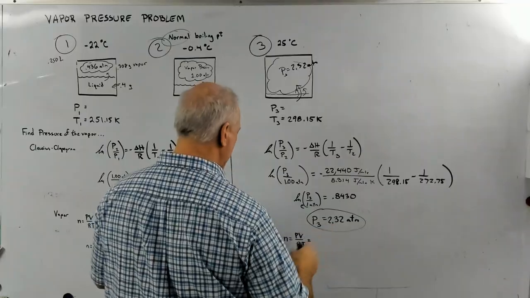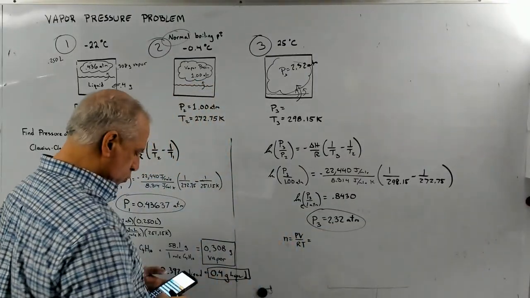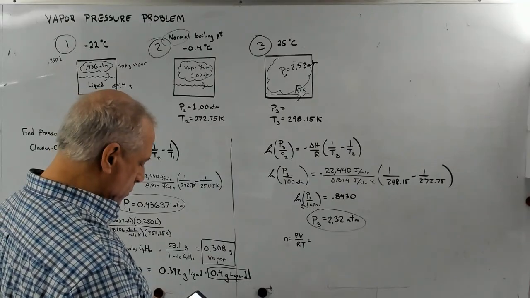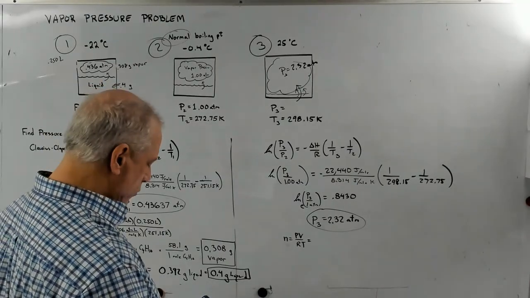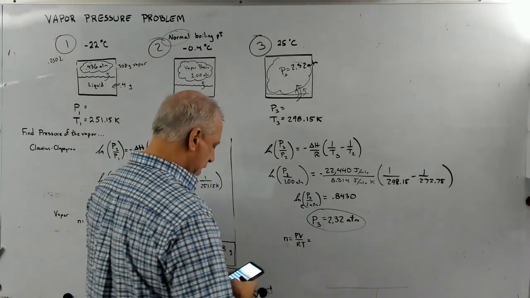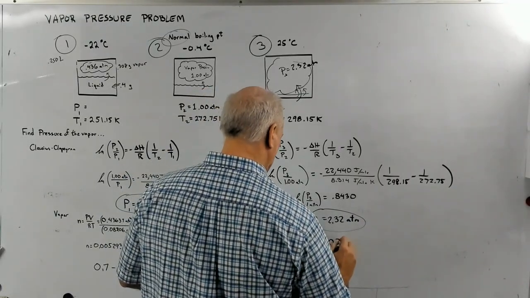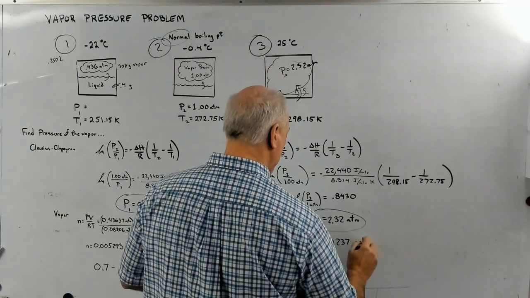So we have the pressure times the volume, which is 0.25, divided by 0.08206, divided by this temperature, 298.15, and we get 0.0237 moles of vapor.